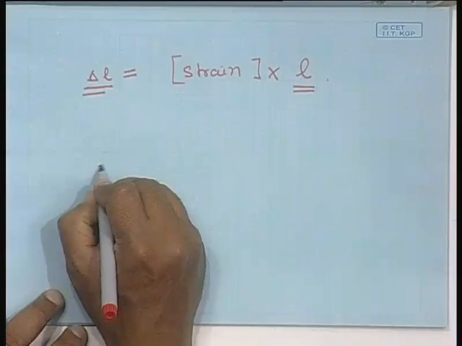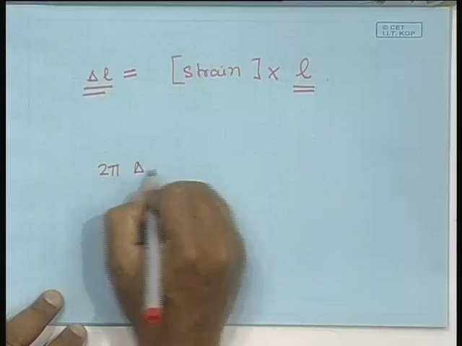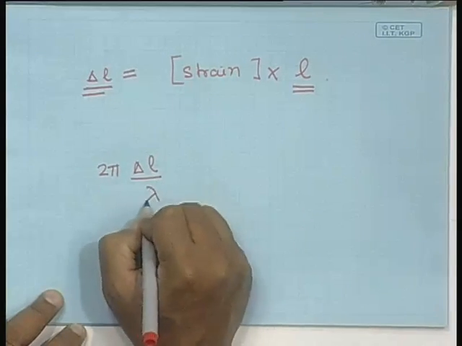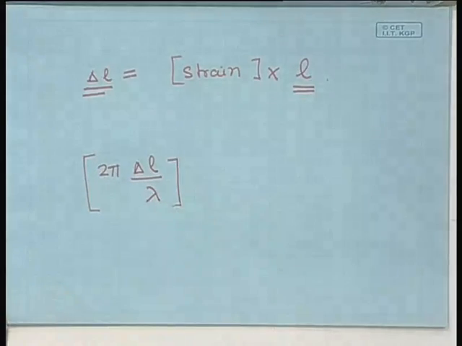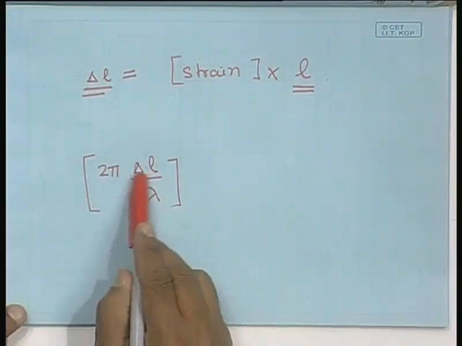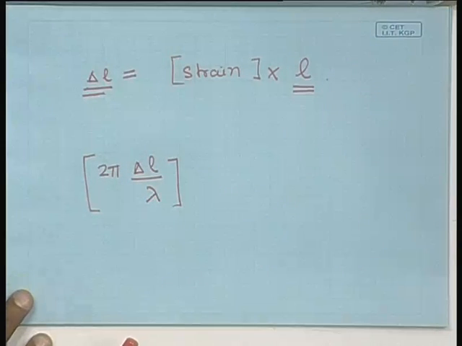Remember that the Michelson interferometer measures the phase change which occurs between the two arm lengths, and the phase change is 2 pi delta L by lambda, and the phase change manifests itself as a change in the fringe pattern. So the larger the delta L, the more is going to be the change in the fringe pattern, and it is going to be easier to detect the gravitational waves.